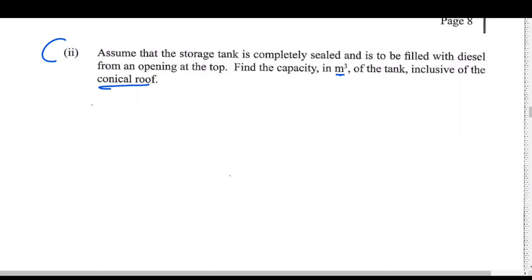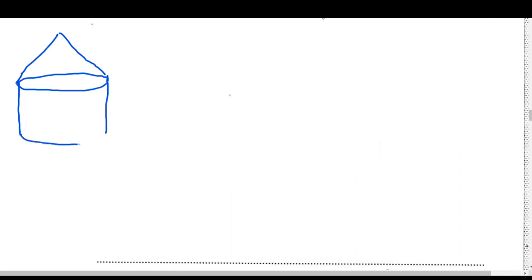All right, so basically then, what we are asked to do is to find, having had these measurements, the capacity of this, basically.